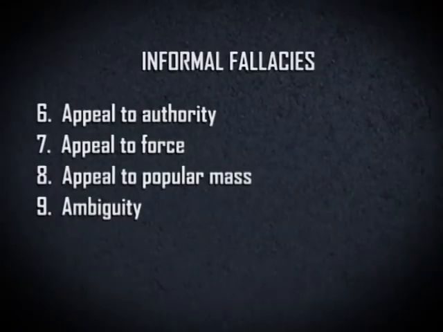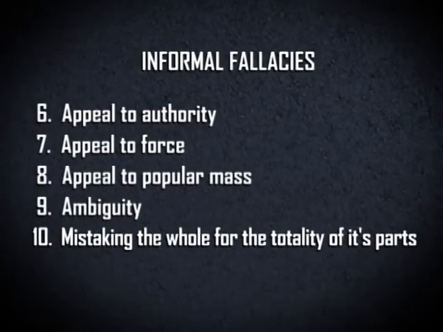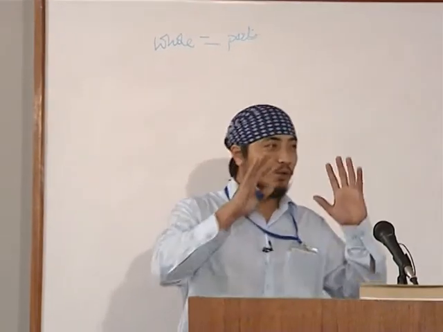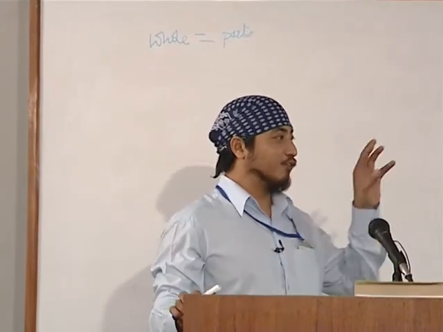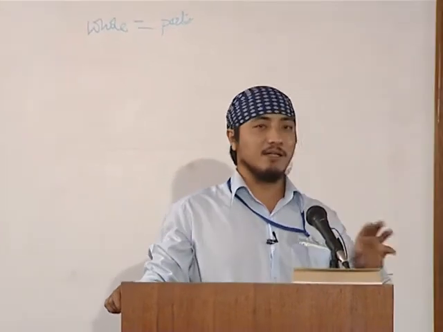Now with this, I come to one fallacy which I think is of prime importance: mistaking the whole for the totality of the parts. If you mistake the whole to be a totality of its parts, this is a fallacy.